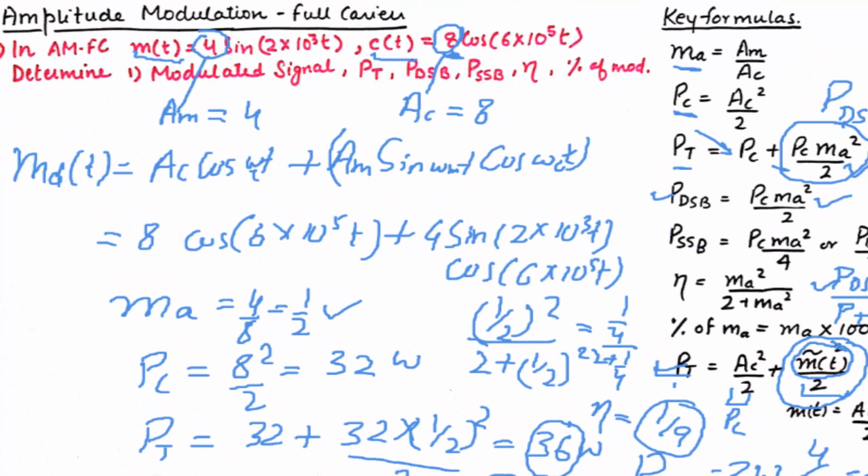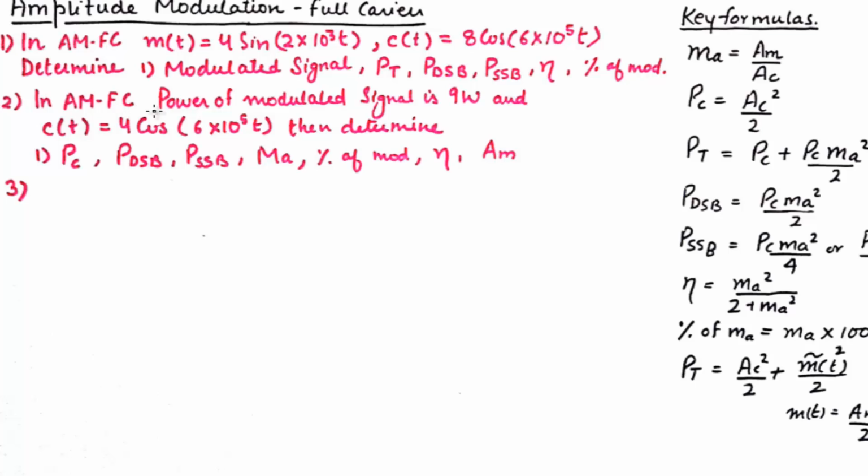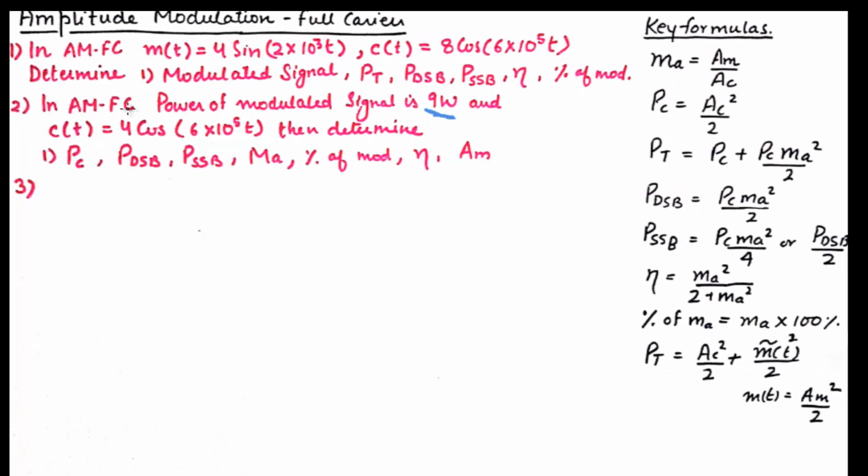Now let's look at another question. In this question you'll see that the total power of the modulated signal is given as 9 watt, and my carrier signal is also given. I can calculate the power in the carrier signal using this formula, AC square by 2. AC is 4, so 4 square is 16 by 2 is 8.